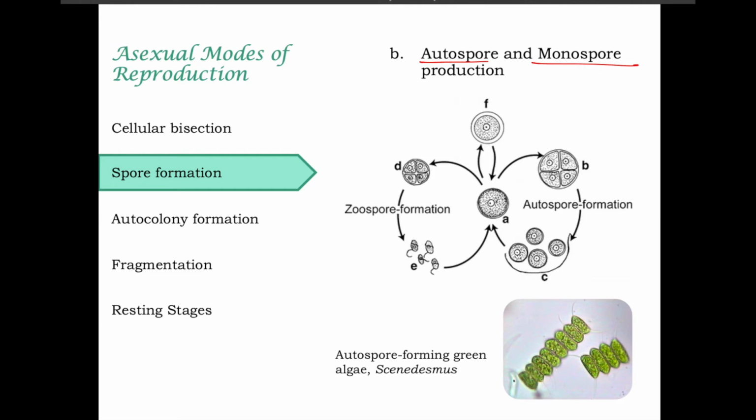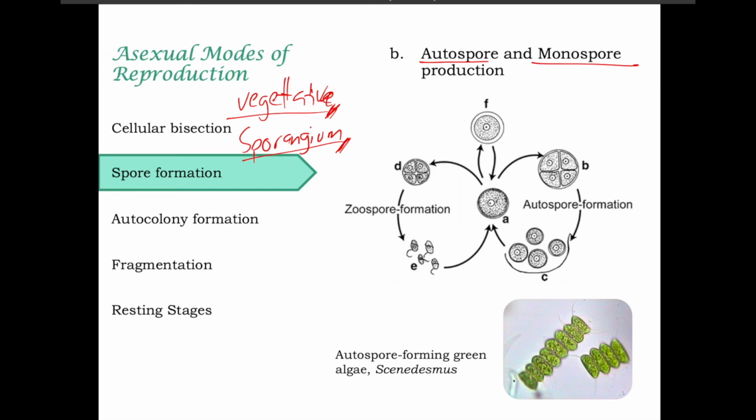Spores are produced from a normal vegetative cell or from a specialized structure called a sporangium. Basically, these 4 types of spores that we're talking about are asexual agents of reproduction.